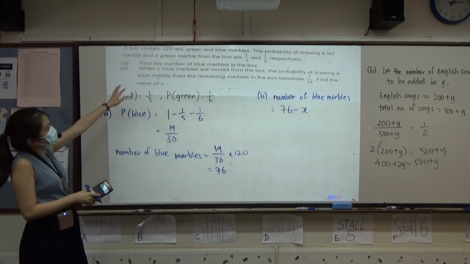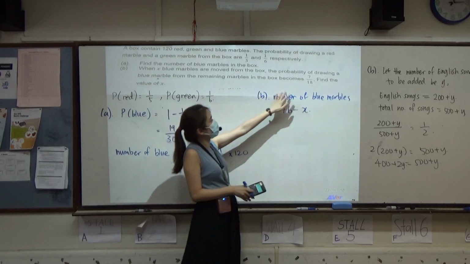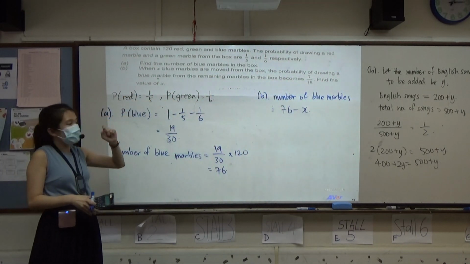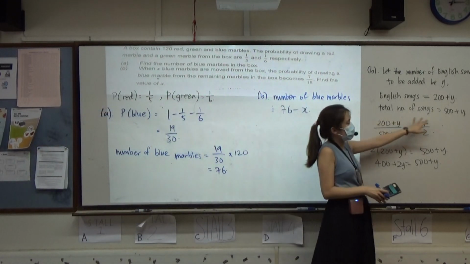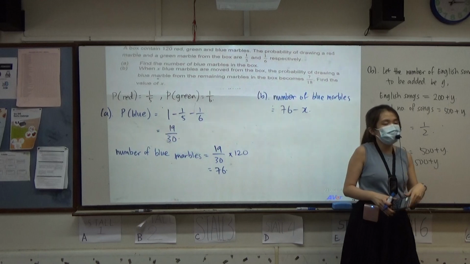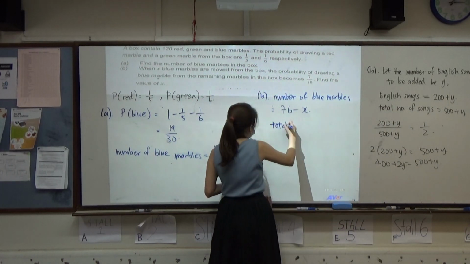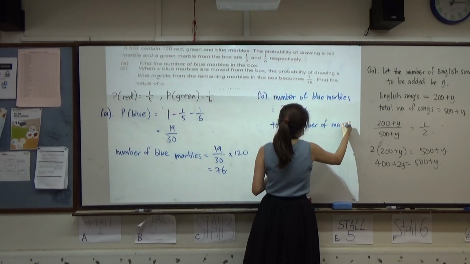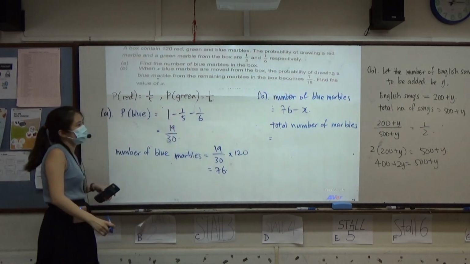Now we want to change the probability of drawing a blue marble to become 7 over 18, from the remaining marbles. Before we can express an equation, we need to know how many marbles there are in total now. Glenn, how many marbles are there in total now?